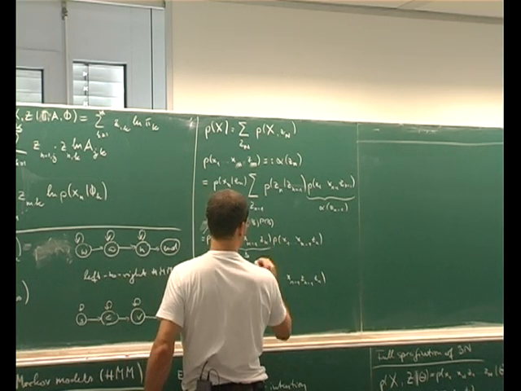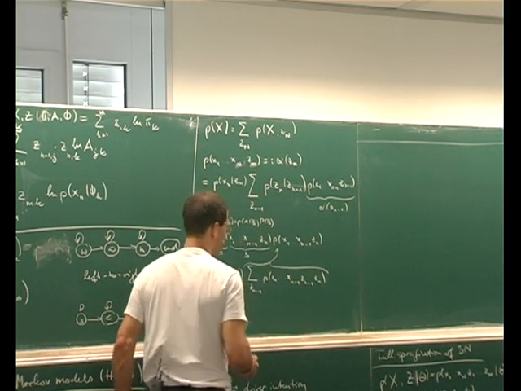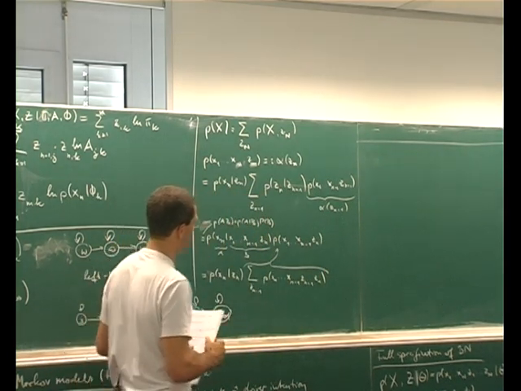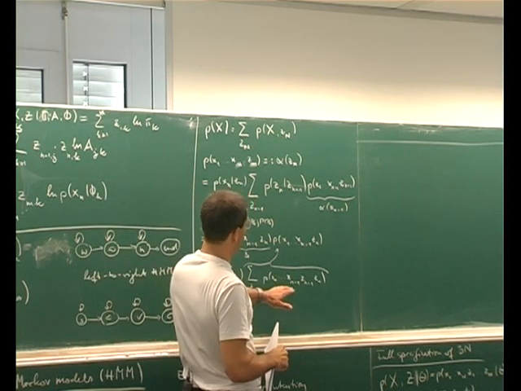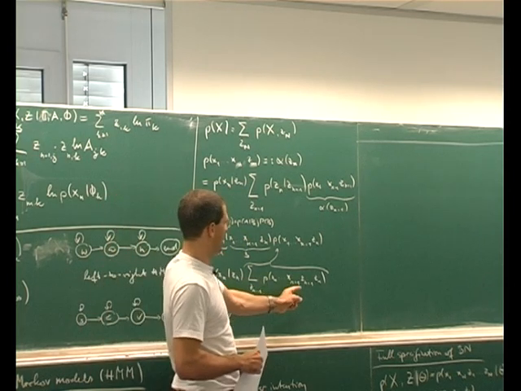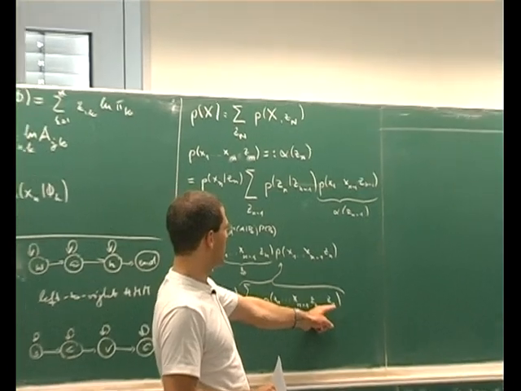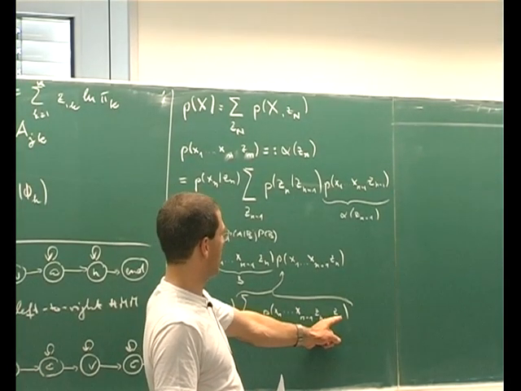So all of that gives me this. And if I now use the same relation again, I find that if I already condition on Zn minus 1, Zn no longer holds any.